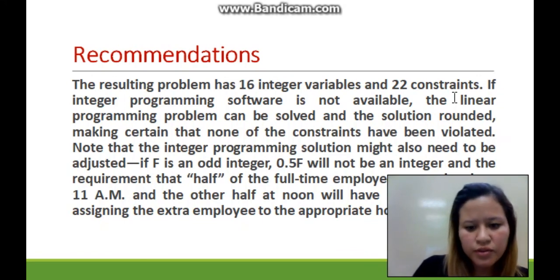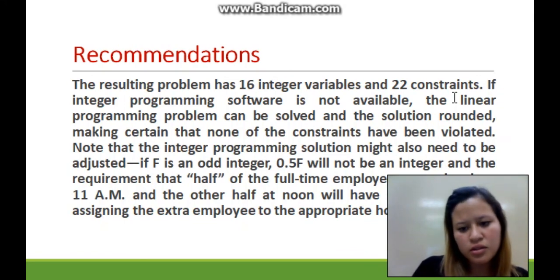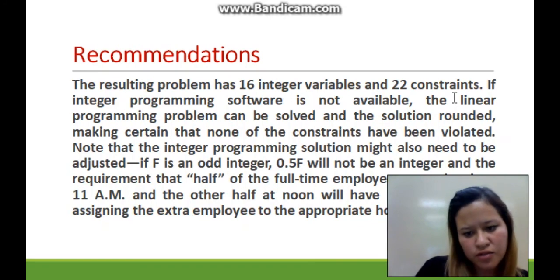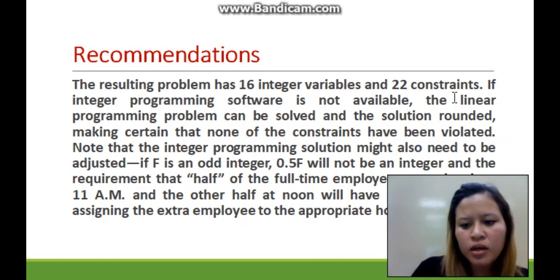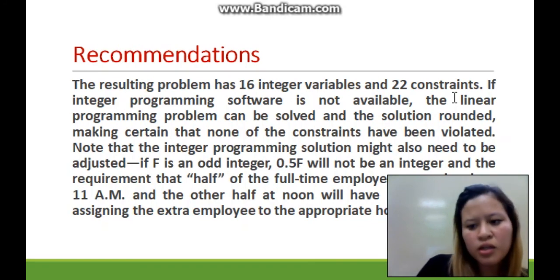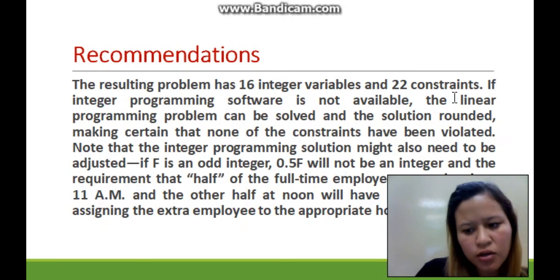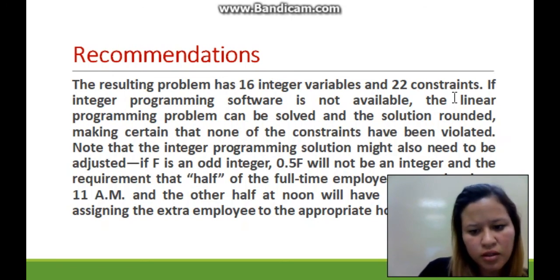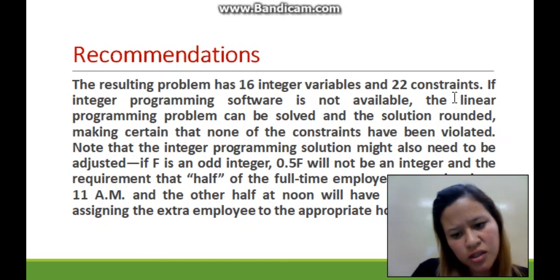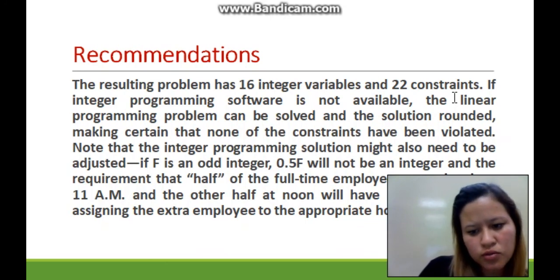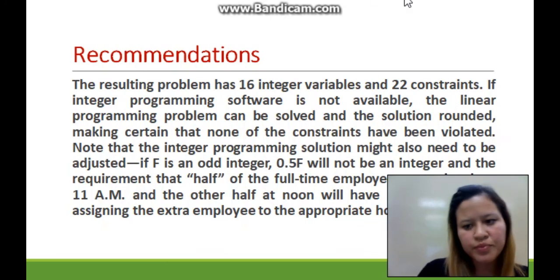If F is an odd integer, then 0.5F will not be an integer, and the requirement that half of the full-time employees go to lunch at 11 a.m. and the other half at noon will have to be altered by assigning the extra employee to the appropriate hours. Thank you.